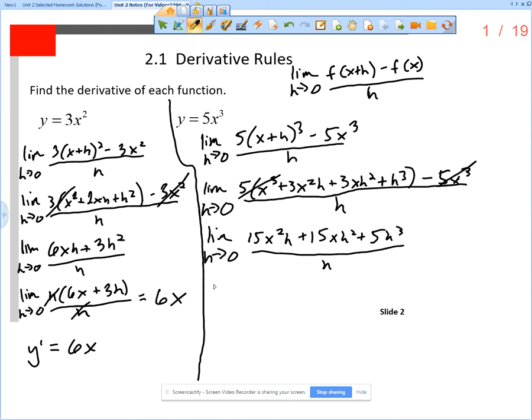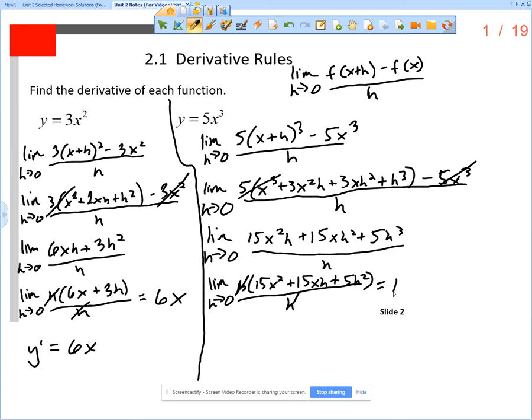So now, just like earlier, I'm going to factor out h. So I have h times (15x squared plus 15xh plus 5h squared), and then all divided by h. So now h is reduced, and then I'm going to re-evaluate with h equals 0.